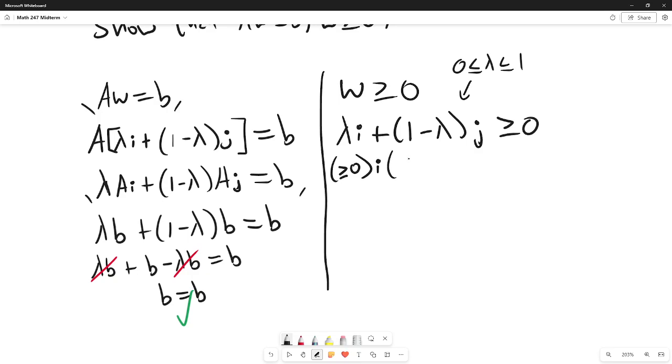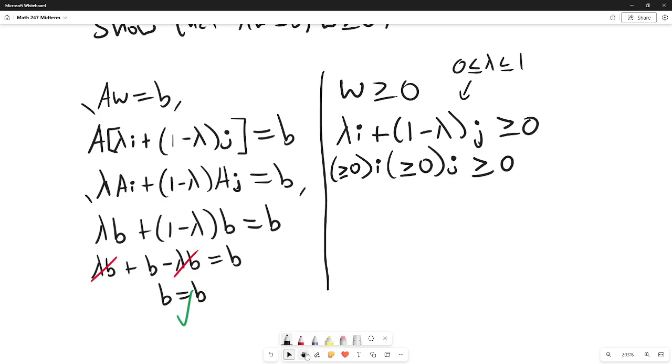And then 1 minus lambda: the max that lambda can be is 1, and the minimum that lambda can be is 0. Meaning the minimum that this can be is 0, and the max that this can be is 1. So this is also greater than or equal to 0.